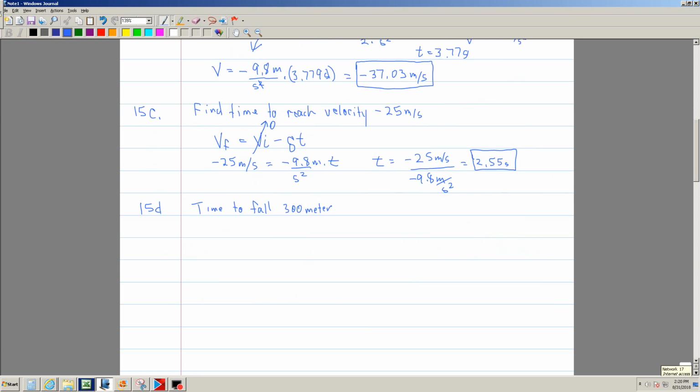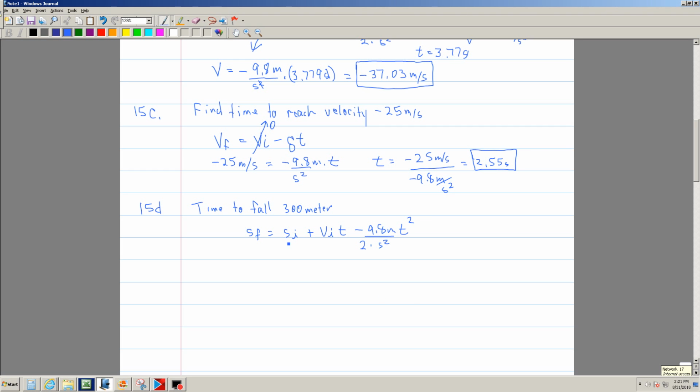This is a distance, so you're going to do S final equals S initial plus the initial velocity times t minus 9.8 meters per second squared over 2 times t squared.